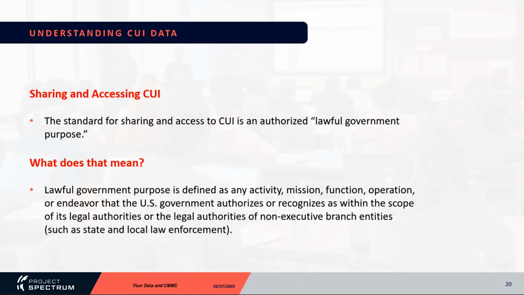Again, taking that deeper dive: any activity, mission, function, operation, or endeavor that the U.S. government authorizes or recognizes as within the scope of its legal authorities or the legal authorities of non-executive branch entities like state and local law enforcement. So again, any of that information should not be shared unless there is a lawful government purpose to do so.